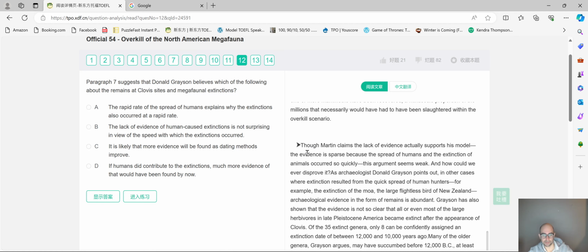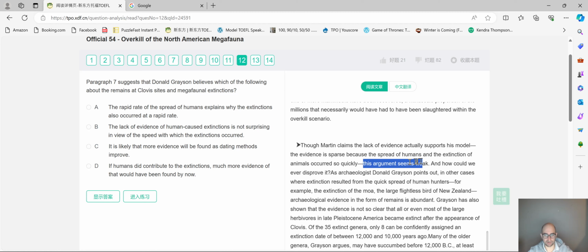So the evidence is sparse. Whose evidence? Martin's, right? It's limited, or weak, inconclusive, right? Because the spread of humans and extinction of animals occurred so quickly. Okay, that's his logic, that's his rationale. Because this spread of humans and extinction of animals occurred so fast, that's why we don't have enough fossils to support this data.